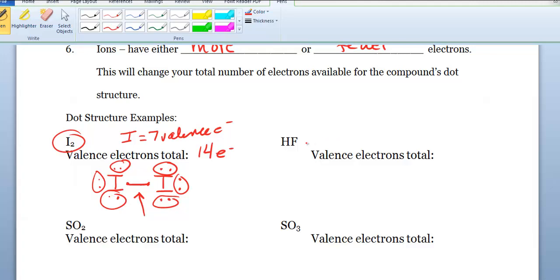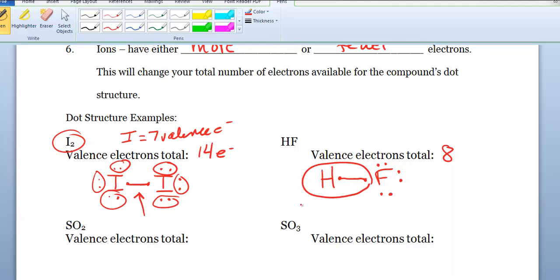Let's do hydrogen fluoride. Hydrogen is in column 1. It has a single valence electron. Fluorine is a halogen, and it has 7 valence electrons. So all told, there are 8 valence electrons. And we draw a line in between those 2 to indicate that it is a shared pair of electrons in the bond. Hydrogen has 2 electrons.